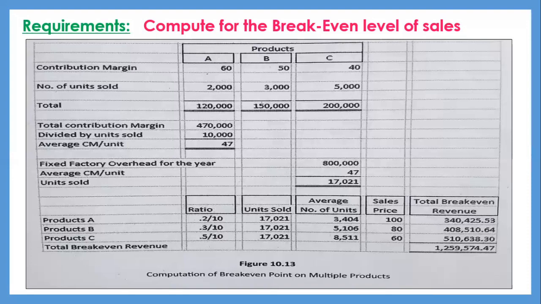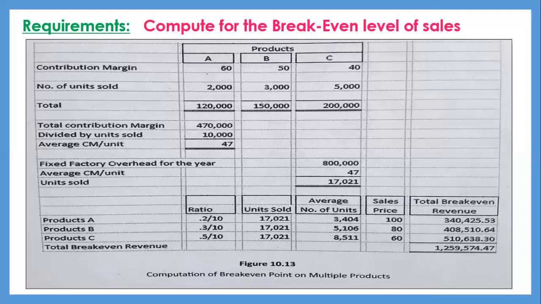So the total number of units sold for product A, that's 2,000, plus product B, 3,000, plus product C, 5,000, and therefore the total number of units sold is 10,000. Therefore, 470,000 divided by 10,000 units, therefore the average CM per unit, or the average contribution margin per unit, would be 47.